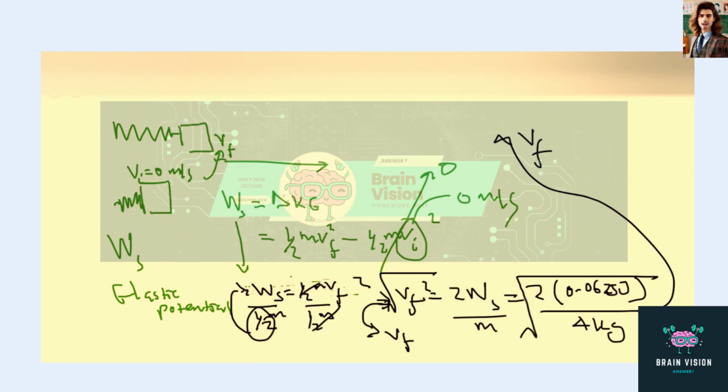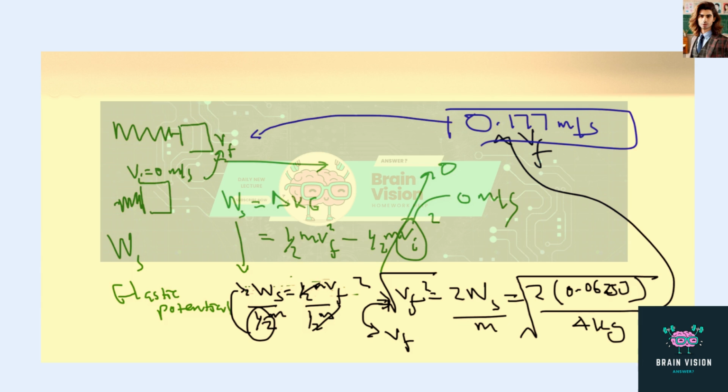That's our final answer, 0.177 meters per second. That's the final velocity of the block as it leaves the spring.